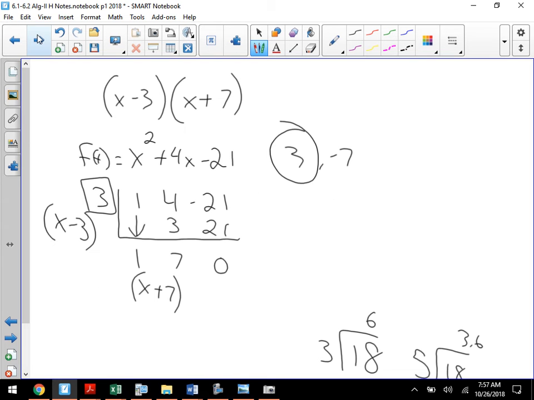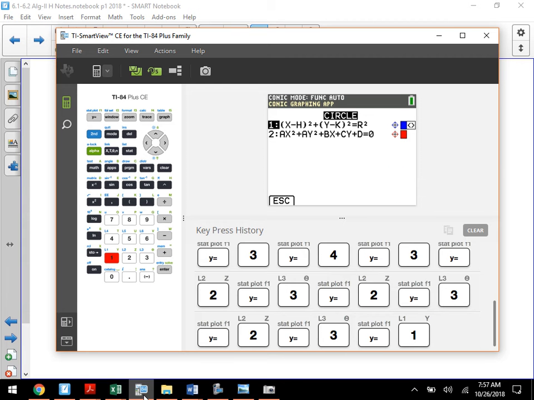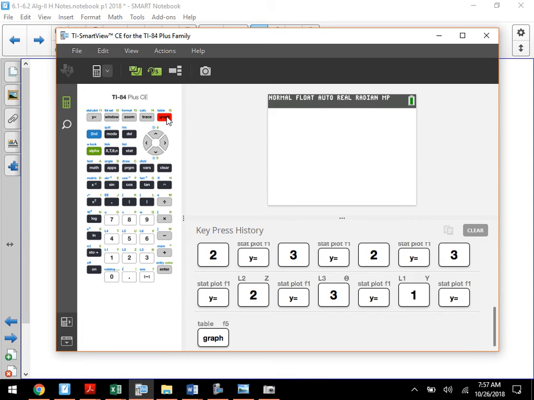But with today though, one of the things I wanted to do is talk about tail behavior. What's happening at the tails? The dance moves, exactly. It's our dumb dance moves. So what I want to do to start with this is get your calculators out. And we're going to go through a bunch of graphs.